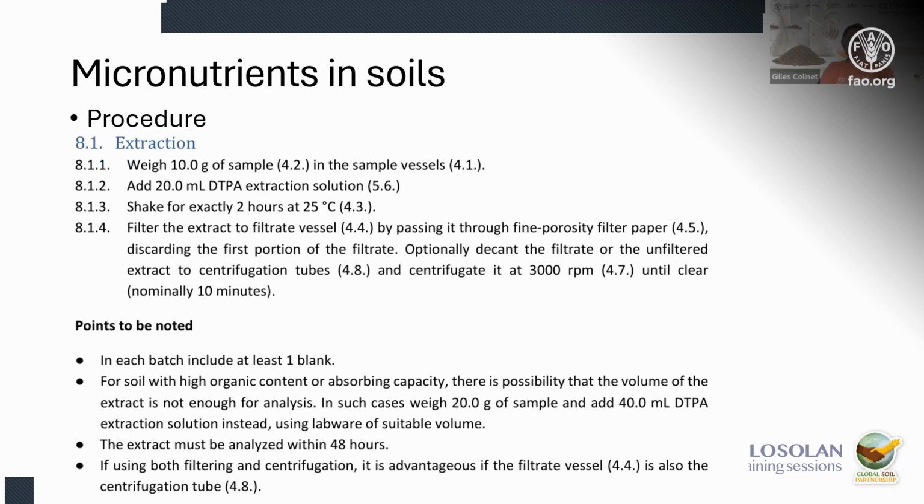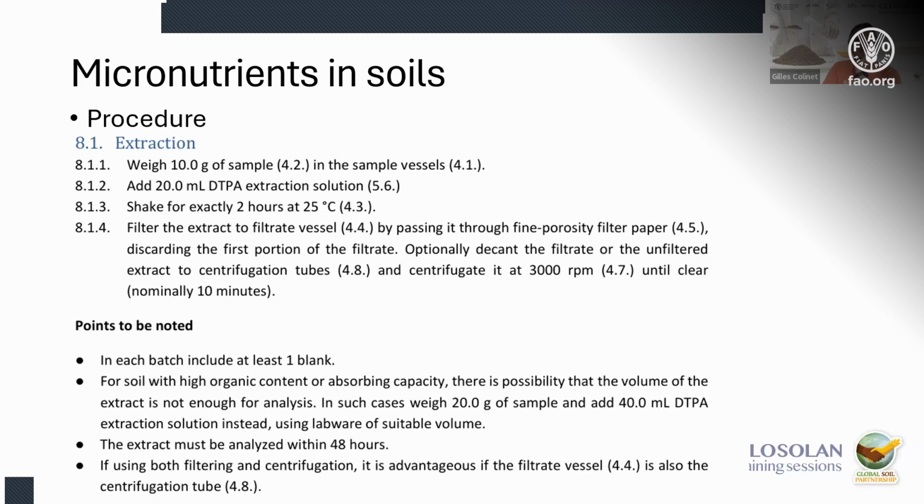Regarding the procedure, first you weigh 10 grams of sample in 20 milliliters of DTPA extraction solution, shake for 2 hours, and then filter the extract, using filters or centrifugation tubes.